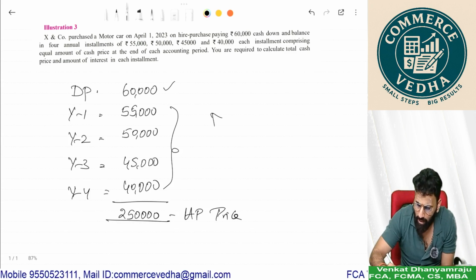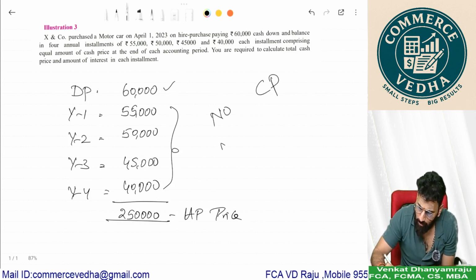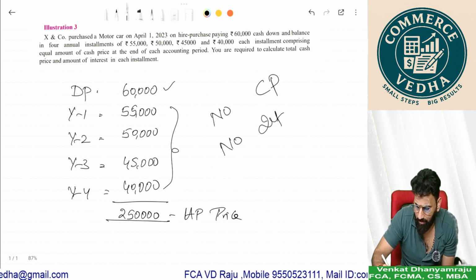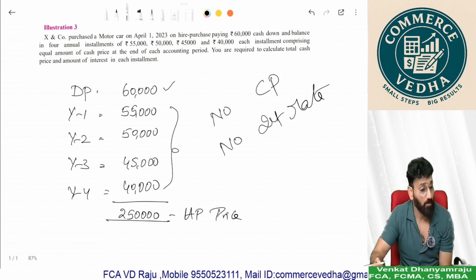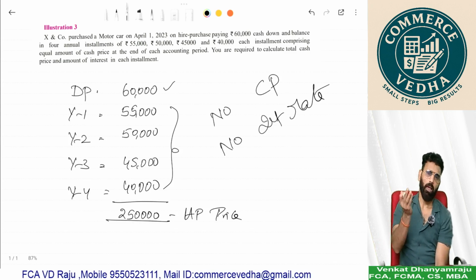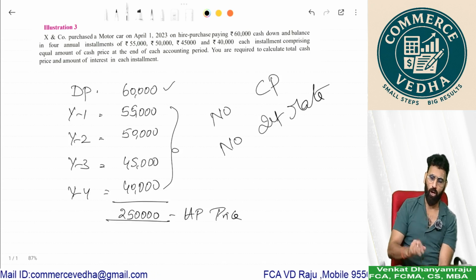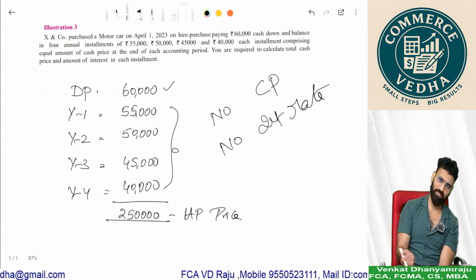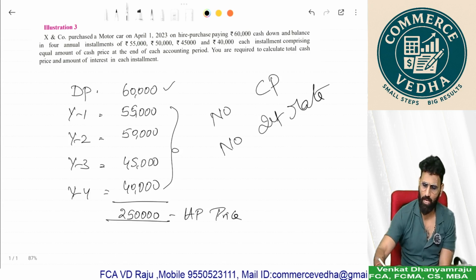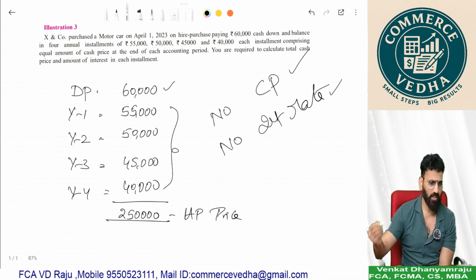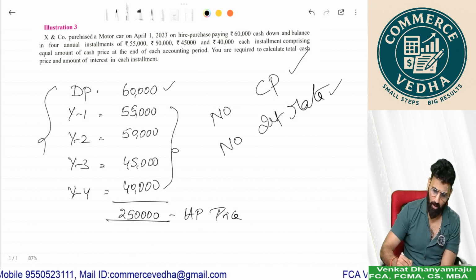Now the question is a bit difficult. There is no cash price, there is no interest rate. How do I crack it? Either interest rate is given and I can identify the cash price, or interest rate is given and I can identify the hire purchase price. But here no cash price and no interest rate is given, only the complete hire purchase price.